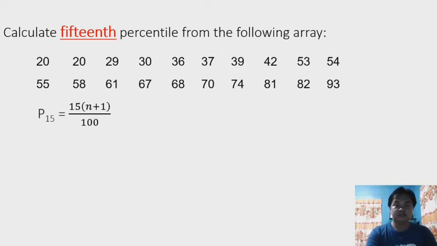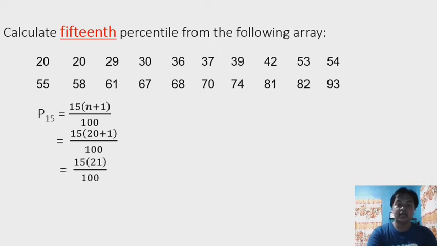Next, 15, then substitute the value of n, which is 20, plus 1 over 100. Then add 20 plus 1, the answer is 21. Then we are going to multiply 15 sa 21, the answer is 315.